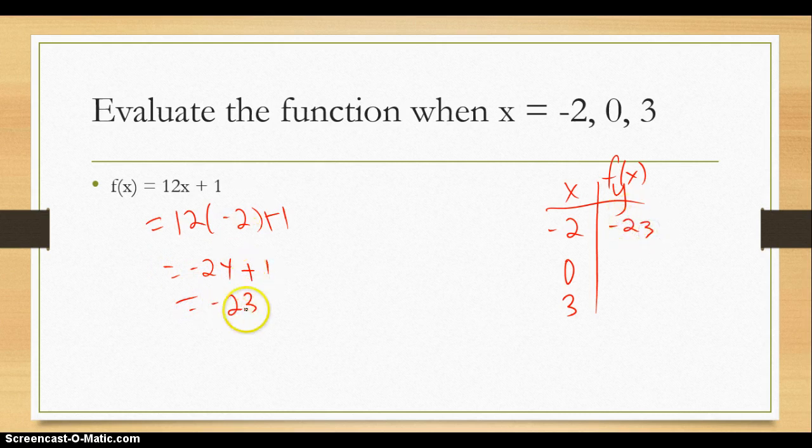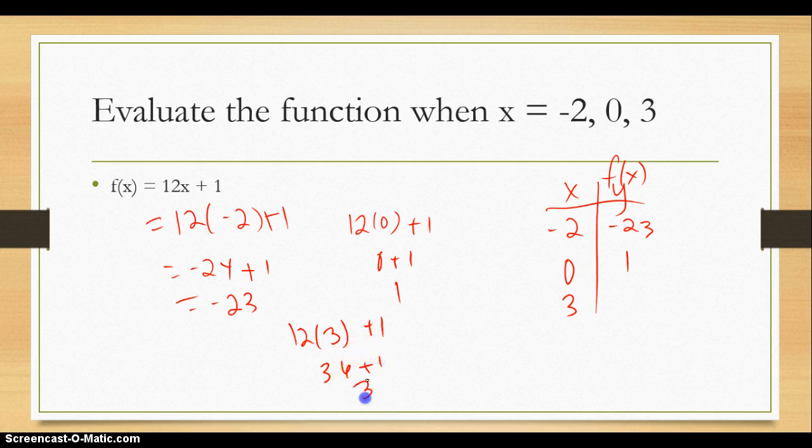Plug in 0. We know that 12 times 0 plus 1, 0 plus 1 is 1. Then plug in 3. 12 times 3 plus 1. We know this is 36 plus 1, which is 37.